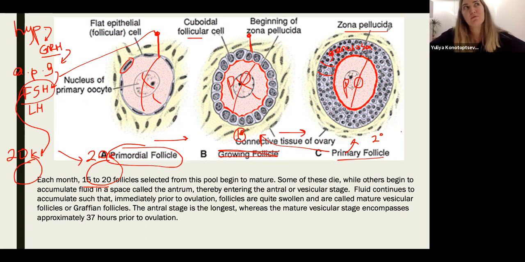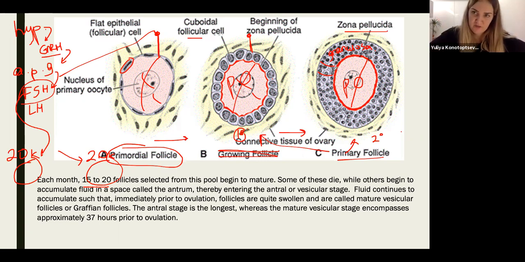Do you remember spermatozoa had an acrosome, right? And the acrosome had digestive enzymes. And we said we needed these digestive enzymes to penetrate a wall of the oocyte. Which wall? Zona pellucida.